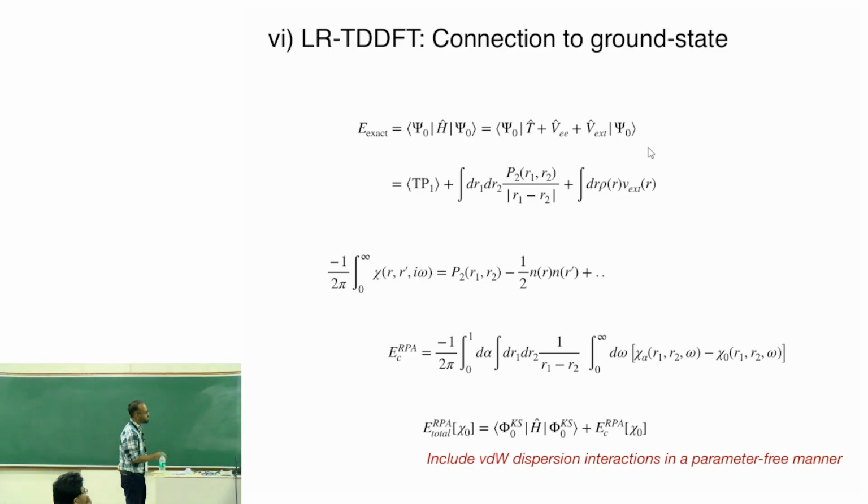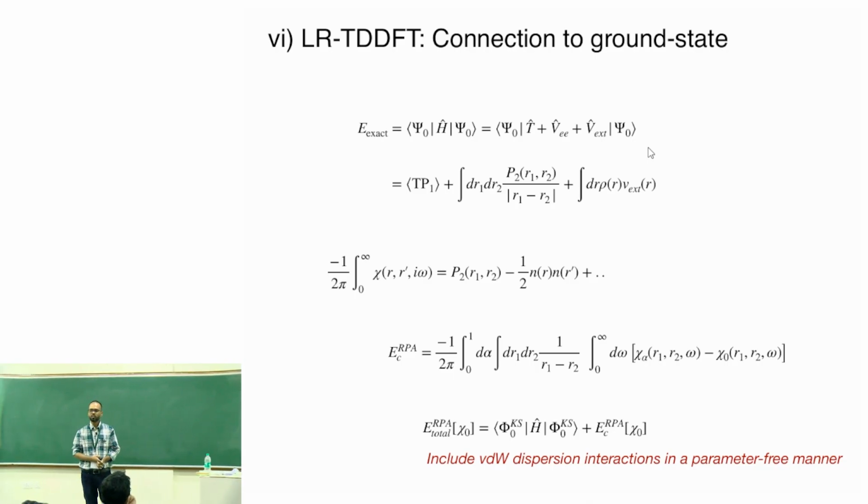This is a little hard to digest, and there is no way I can discuss it in this short time. But essentially, the RPA correlation energy is a functional of the response function. We have studied so far functionals like GGAs, LDAs, and hybrid functionals, where the functionals depend on density, gradient of density, or the density matrix. But now we have gone one step further, where it is a functional of the response function.